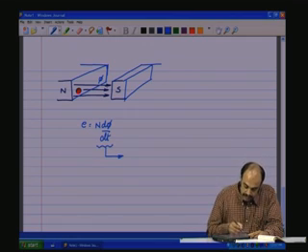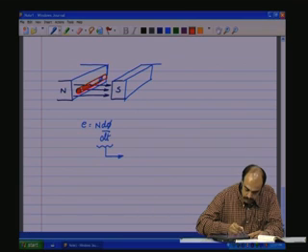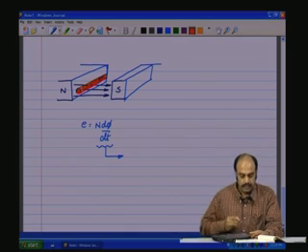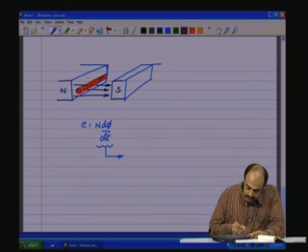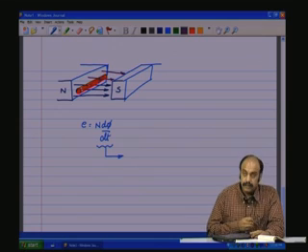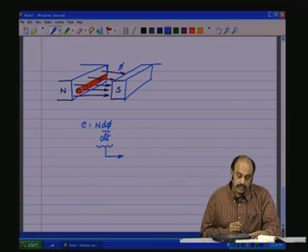Okay, so these are the magnets, and then of course there is the conductor. So this conductor is positioned like this, and then you have all the flux lines linking the north and the south poles.